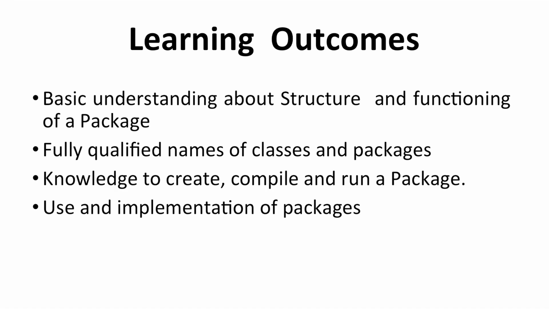Next we have understood the concepts of fully qualified names of classes and packages, and the knowledge to create, compile and run a package. Through elaborate examples of simple short programs, we have gained knowledge to create, compile and run a package.